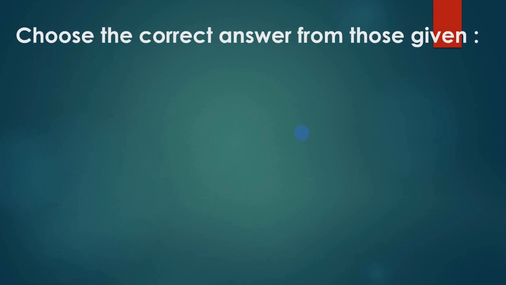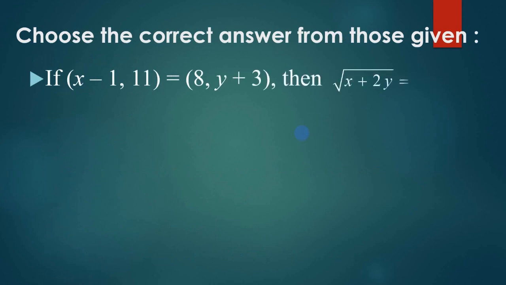Choose the correct answer from those given. If (X minus 1, 11) equals (8, Y plus 3), then root of X plus 2Y equals. To find the value of root of X plus 2Y, we need to know the value of X and the value of Y. From the equality of the two ordered pairs, X minus 1 equals 8.